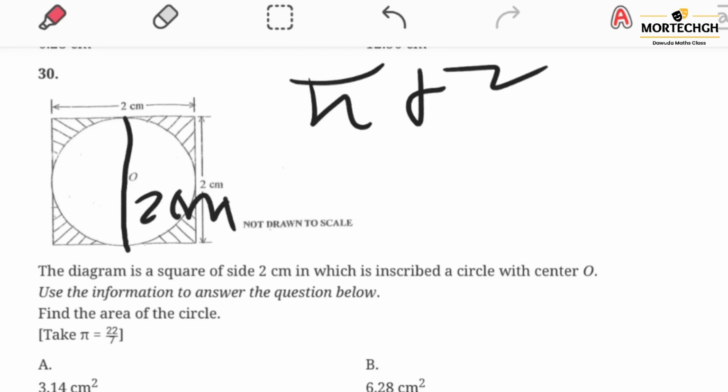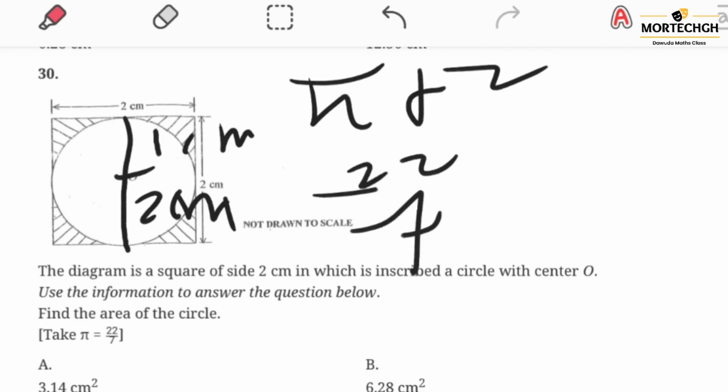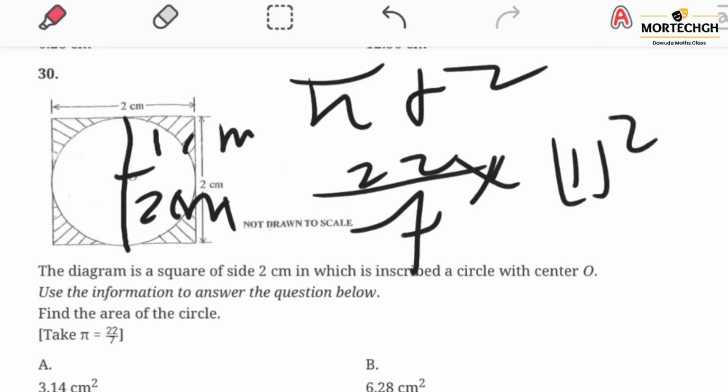So therefore, the radius, which is equal to half the diameter, will be equal to 1 centimeter. So you just substitute inside the formula pi r square, where pi is equal to 22/7, and radius is 1 square.